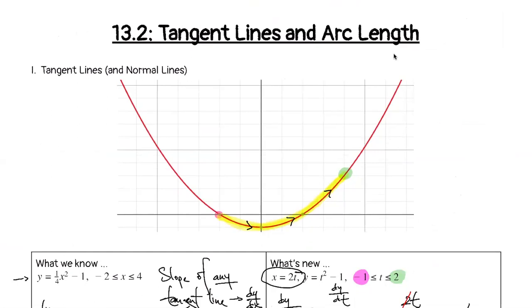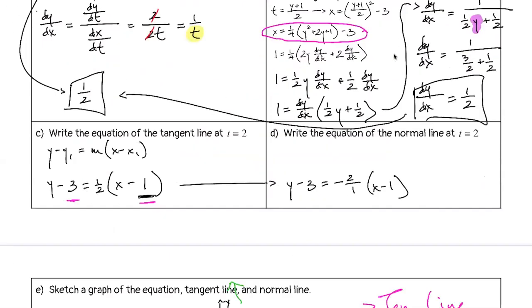So for example, I could figure out exactly how long it is from that pink dot to the green dot. That's what we call arc length, okay? And arc length has a special formula for it, which we kind of saw down at the bottom, okay?